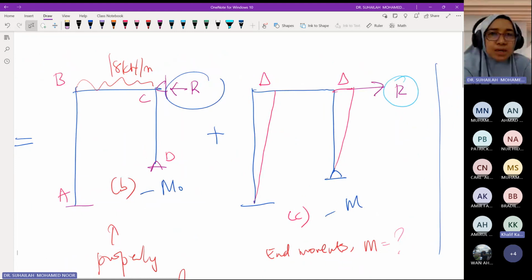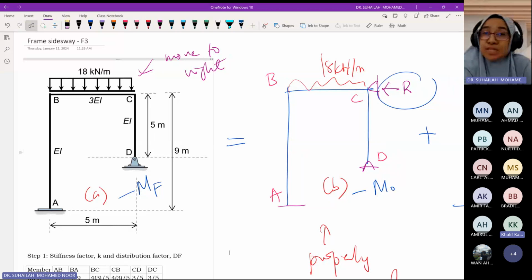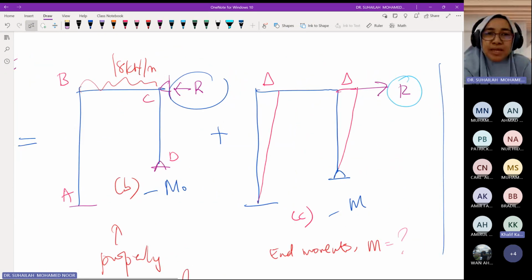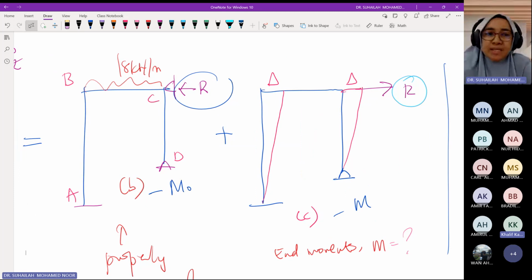So the original question, diagram A, has a combination of external loading and delta. We have to separate between external loading and delta. So we have diagram B and C. So in diagram B, in order to remove delta, sekejap.